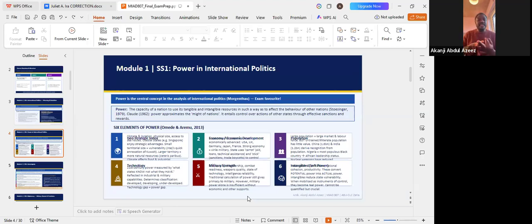Number three intangible power is nationalism and patriotism. When we say nationalism and patriotism, we are making reference to a sense of pride about a country.